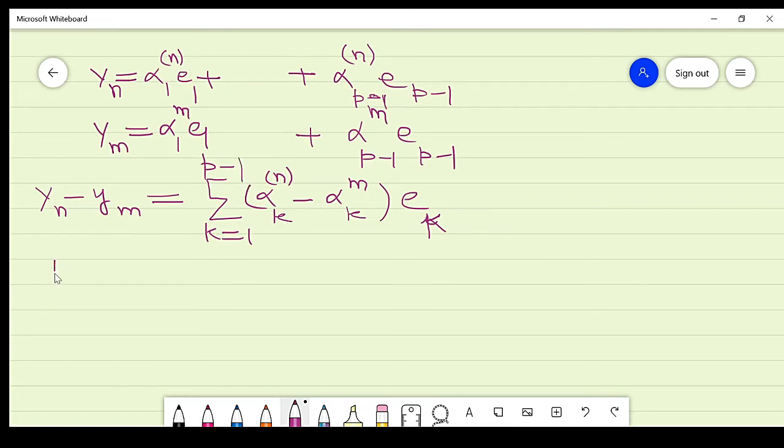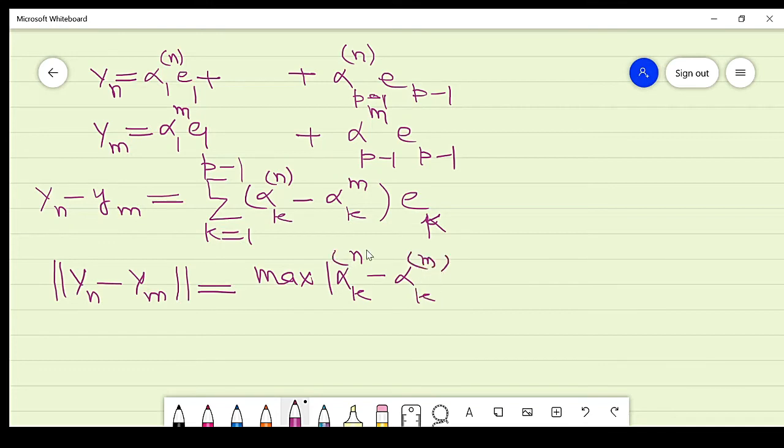So what is its zeroth norm? The zeroth norm of Yn minus Ym is the maximum value of alpha k n minus alpha k m over every k, right?